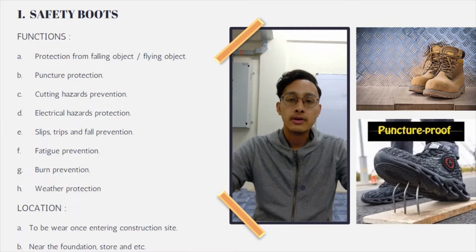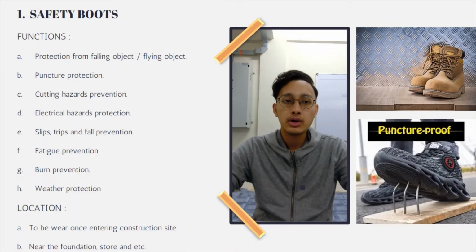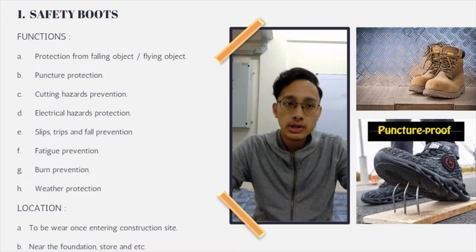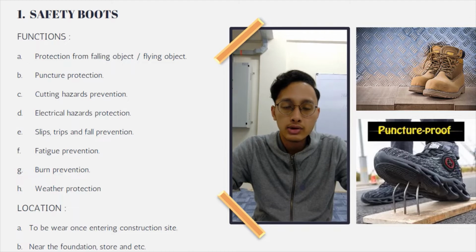Alright, so the first PPE we are going to introduce to you is safety boots. There are many functions of safety boots. The first is to protect from falling objects, flying objects, and puncture, and it also prevents cutting hazards, electrical hazards, and slips, trips, and falls.